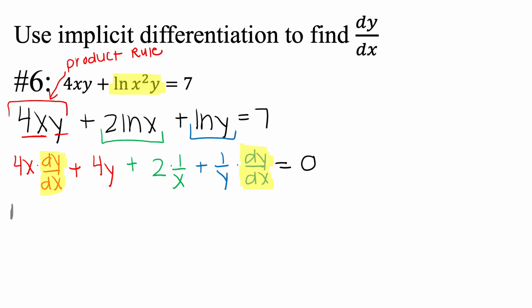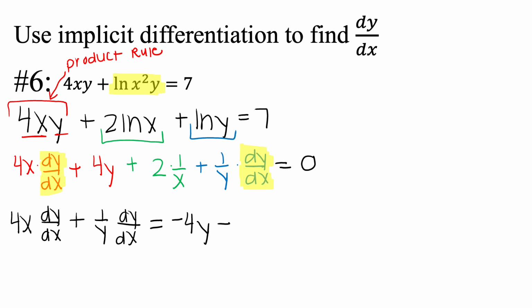So I'm going to keep 4x dy/dx, and I'm going to keep plus 1 over y dy/dx on my left side. And I'm going to move my 4y, this becomes negative 4y, and then minus 2 over x.